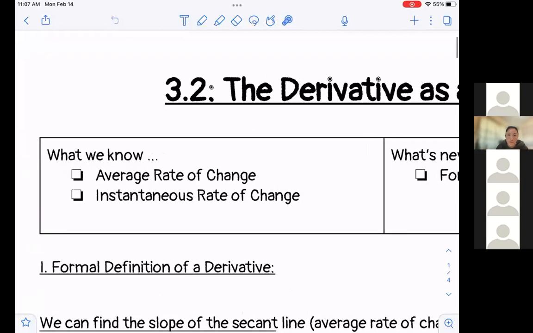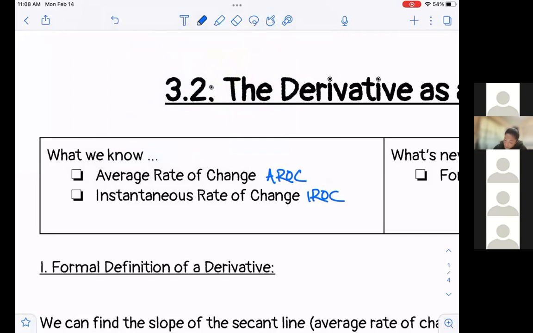So what we know, we've taken a look at the average rate of change, which we affectionately abbreviate AROC. We've taken a look at the instantaneous rate of change, which we also abbreviate IROC.